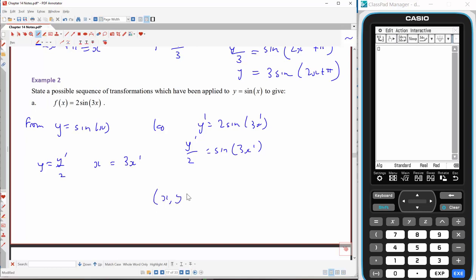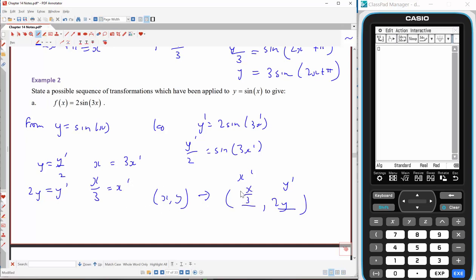To get the transformations, what I need to do is put x dash here and y dash here. All right, so let's do y dash. So 2y equals y dash, so that's 2y, and x on 3 equals x dash, so x on 3.